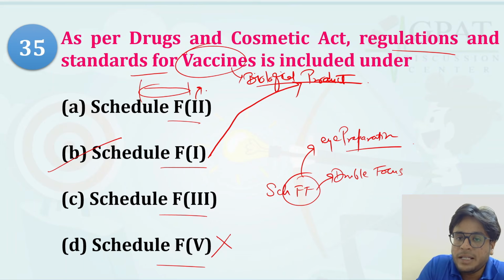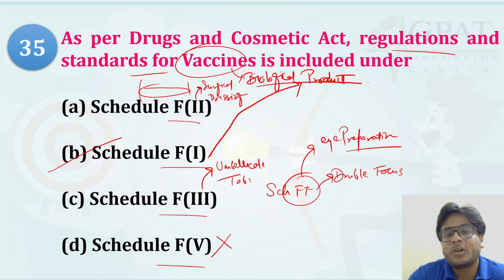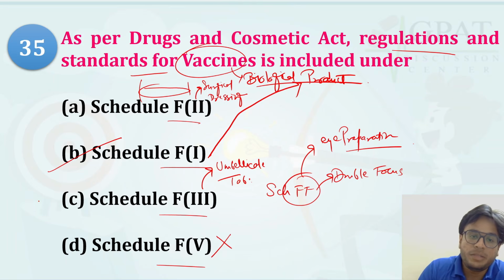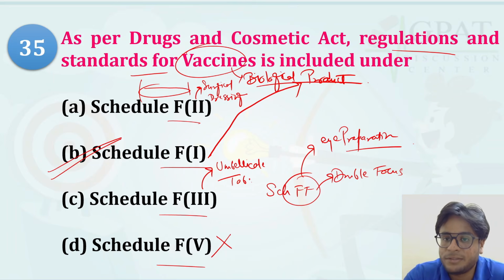So F2 is mainly for the surgical dressings. And the schedule F3 is mainly for the umbilical tapes. Okay, so these are all the classes of schedule F we have discussed. So B is going to be the correct answer for that particular question because they are asking about the biological product, that is vaccine.